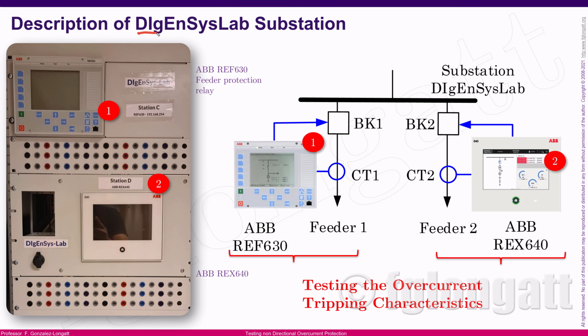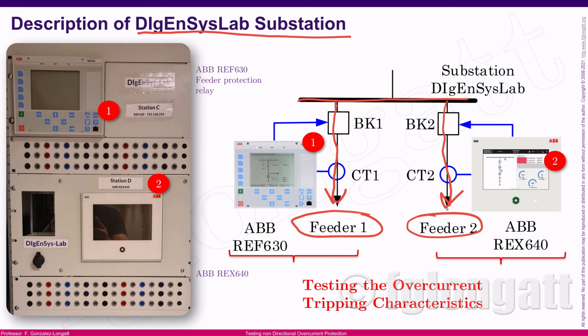We have a main bus bar at the top and two different feeders. I configured the lab at this moment to replicate a typical distribution substation, with two feeders, feeder 1 and feeder 2.